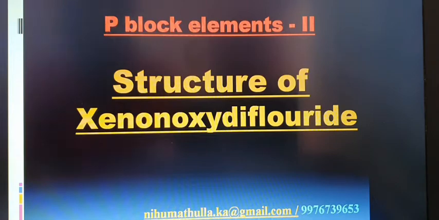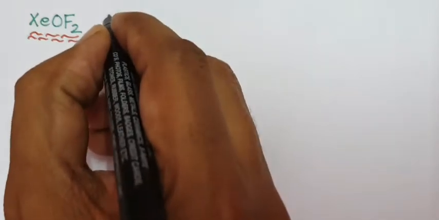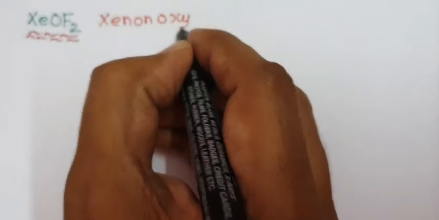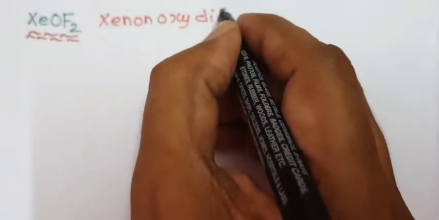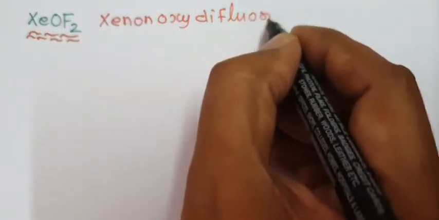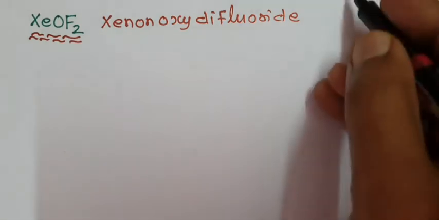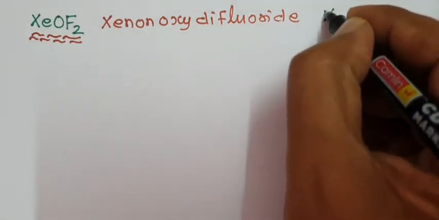Now we are going to have a detailed discussion on the structure of xenon oxidifluoride, XeOF2. The central non-metal atom in XeOF2 is xenon, Xe.